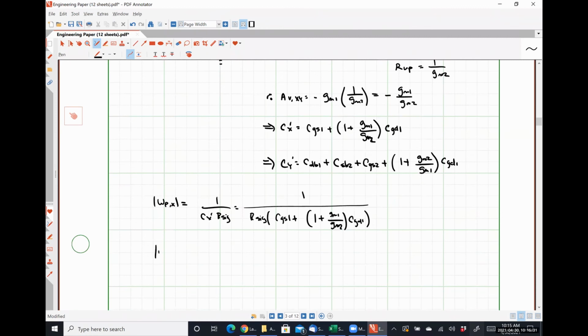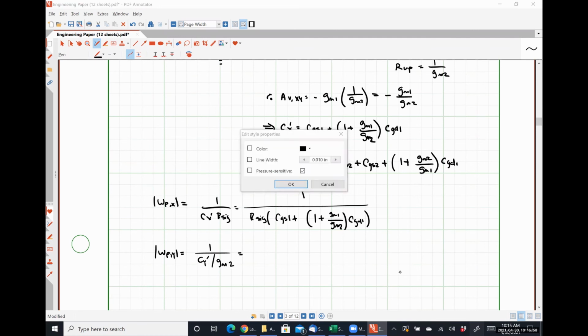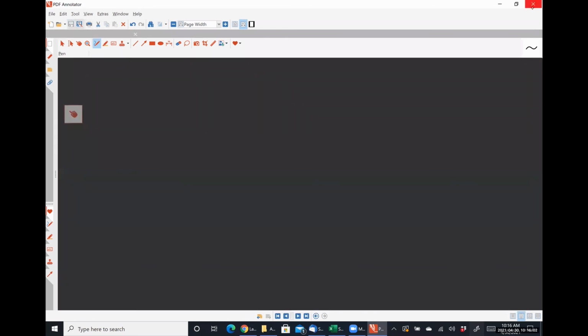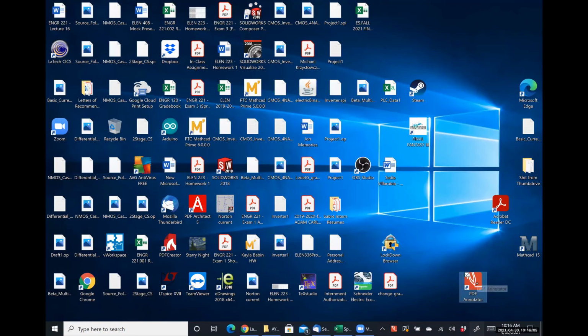Giving us a pole omega py is equal to 1 over CY prime divided by GM2, not GM squared.